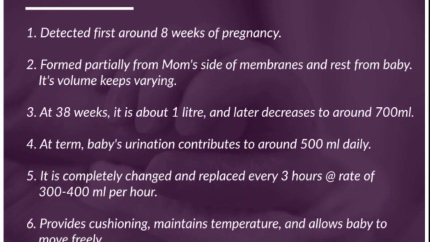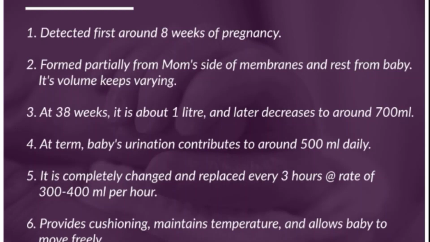So if there are problems in the kidneys or urinary tract, if they are not developed, then obviously the urine will not be produced by the baby, or it will be blocked, and that can also contribute to this low amniotic fluid, oligohydramnios. So these birth defects are very important and can contribute to the development of oligohydramnios.